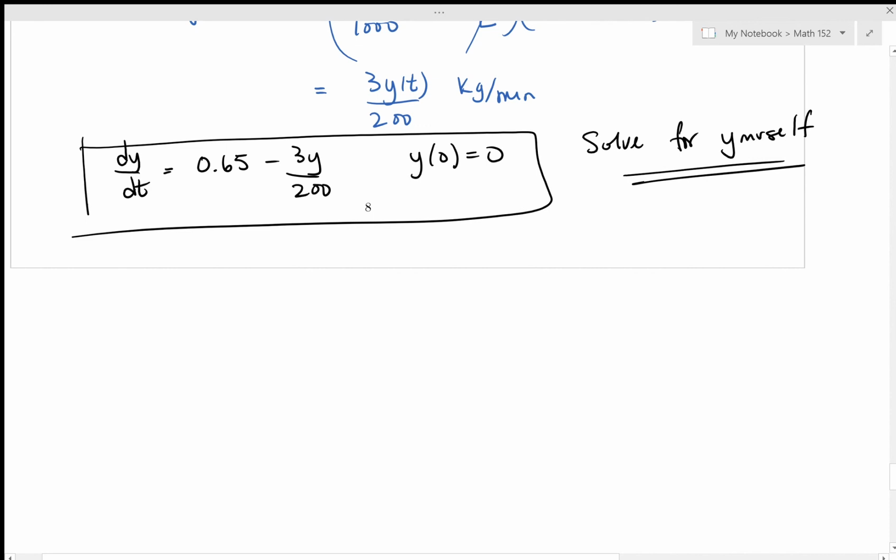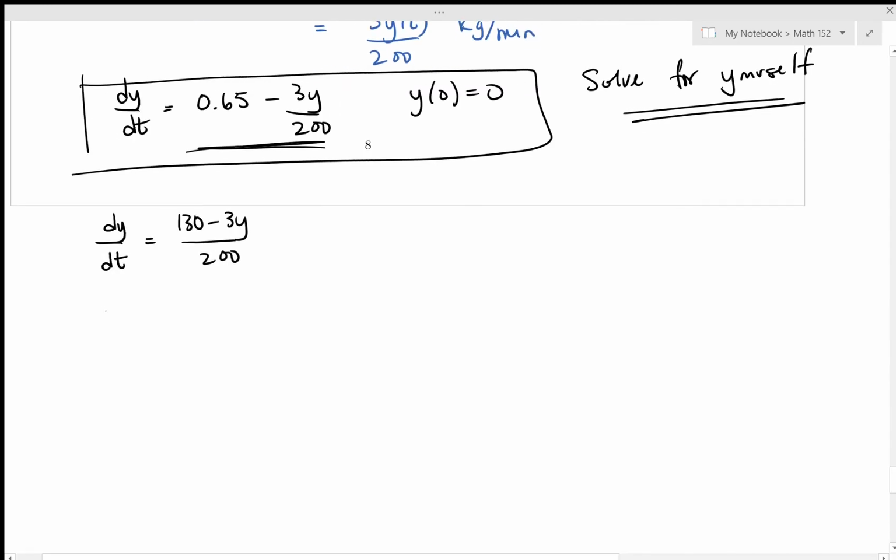Okay, so I'm going to first make a common fraction so I can see how to separate more easily. It's going to be 130 minus 3y over 200. That's just adding fractions here. And then I separate, which gives me dy over 130 minus 3y equals dt over 200.